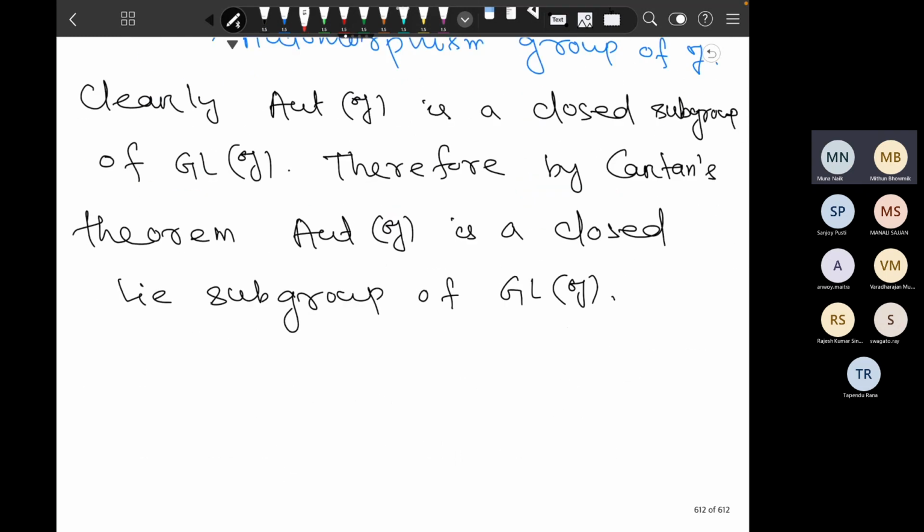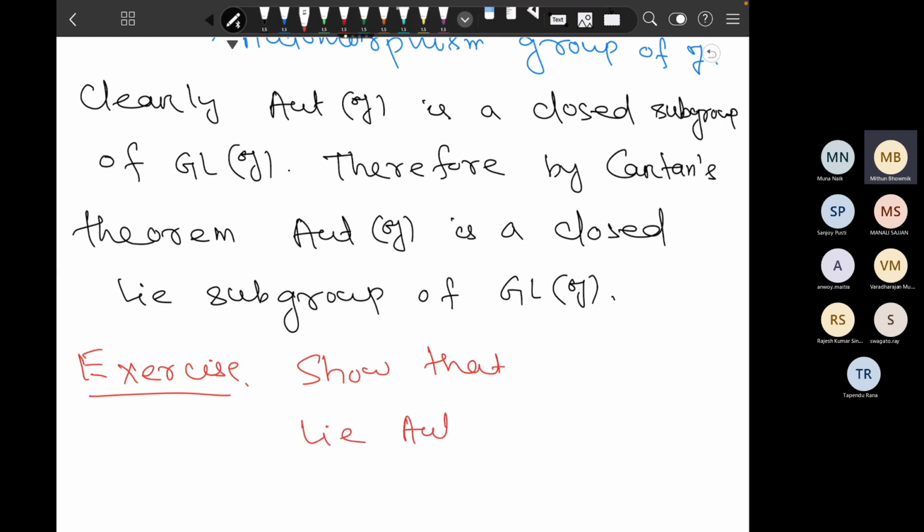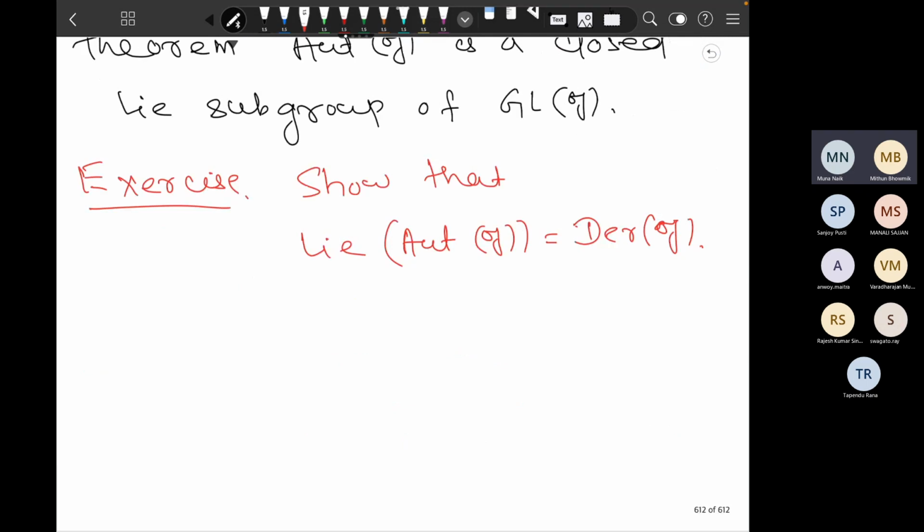Now, exercise: show that the Lie algebra of Aut g is the derivation of g. So you have to use just a few properties of the exponential map. I think you should do this exercise. This is not a difficult exercise. So the Lie algebra of Aut g is the derivation of g.